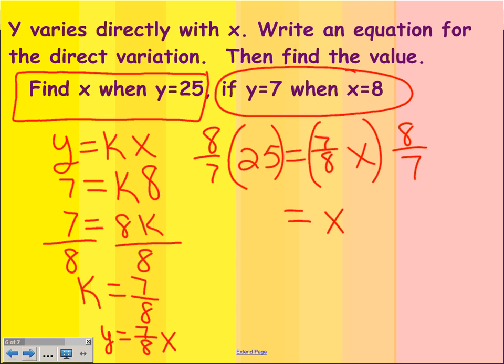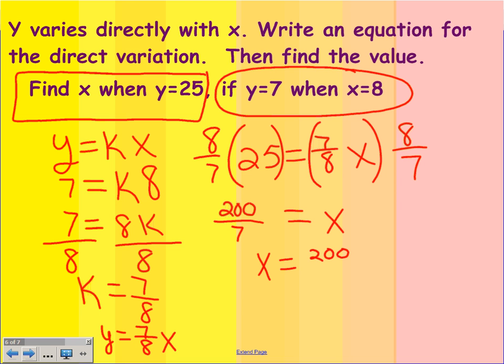And when you multiply by the reciprocal, we end up with 28 and 4/7. You can leave it as an improper fraction, it's okay, 200 over 7, or that's 28 and 4/7.